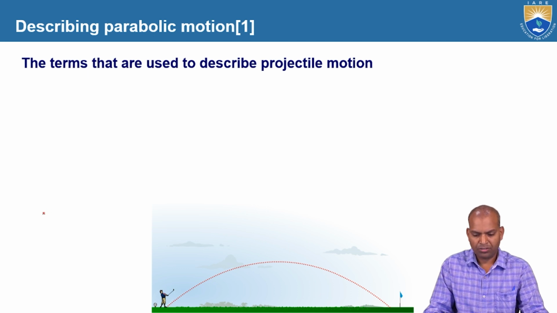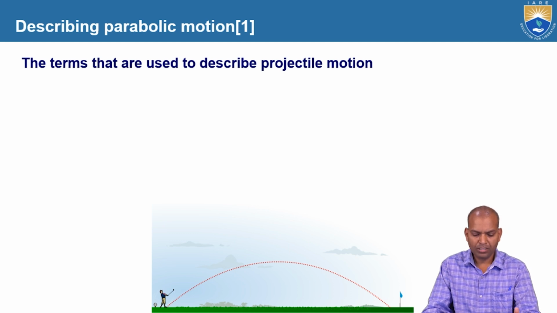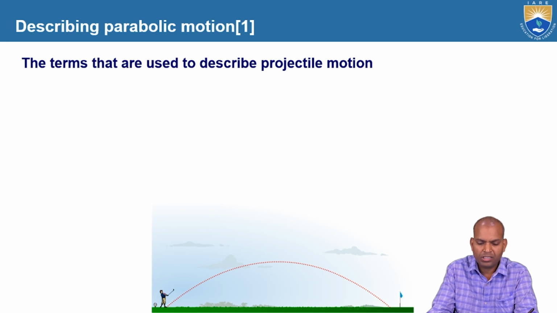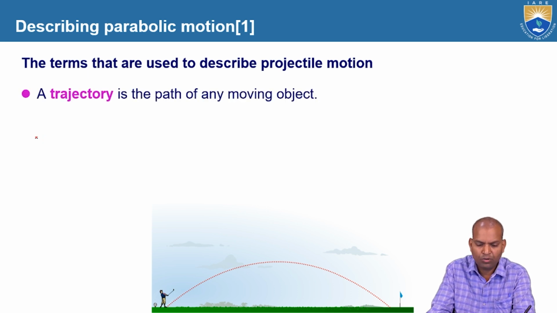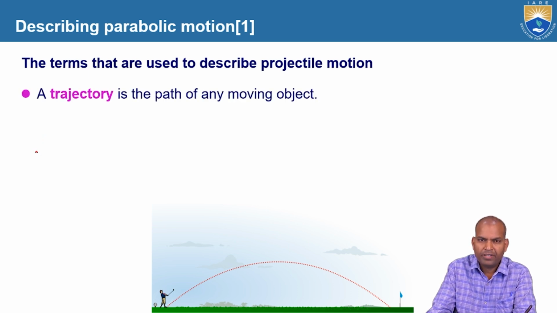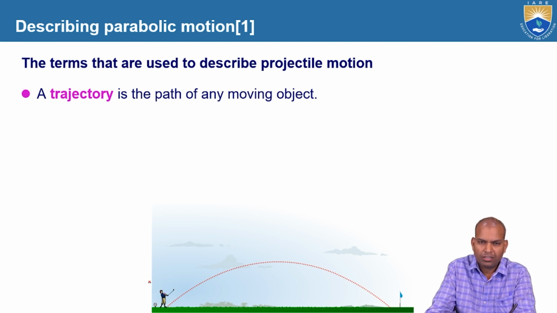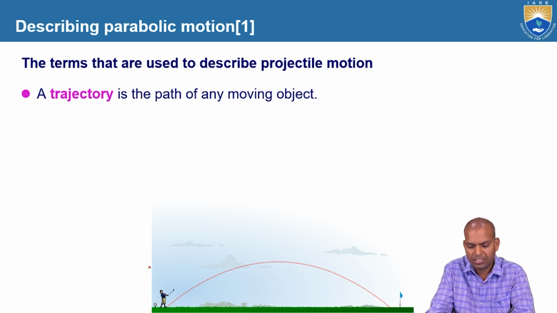Now in this session we are going to cover the path of a projectile. There are various terms used to describe projectile motion, and some of them are important to describe the path. The shape of projectile motion is parabolic.